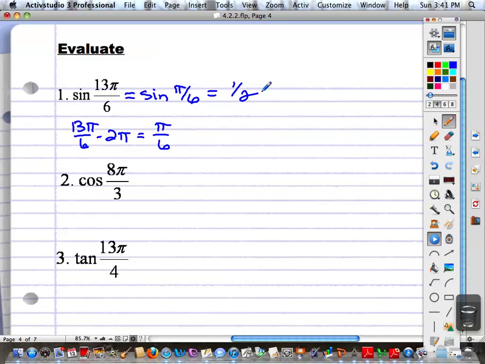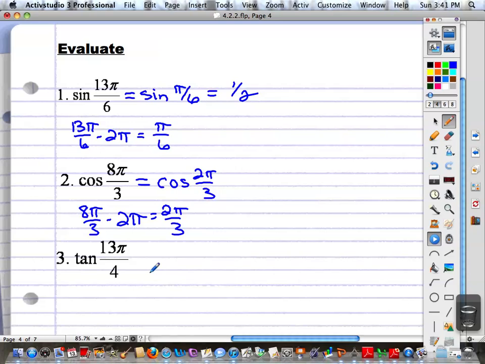Second problem, cosine of 8 pi over 3. Well, 8 thirds is again bigger than 2, so I'm going to take 8 thirds pi and subtract 2 pi. Subtracting 2 pi would be 6 thirds, which would give me 2 pi over 3. So the cosine of 8 pi over 3 is the same as the cosine of 2 pi over 3.